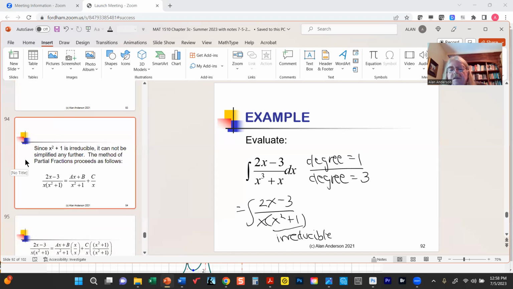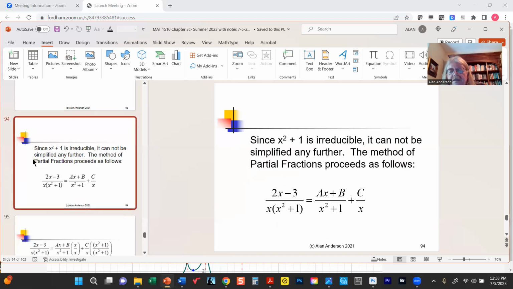Well, another wrinkle we haven't seen before is this. Oh, how do you like that? Instead of a over x squared plus 1, we're going to have ax plus b. So whichever term contains the irreducible factor, in the numerator you'll have ax plus b, and then the c will go with the other term.